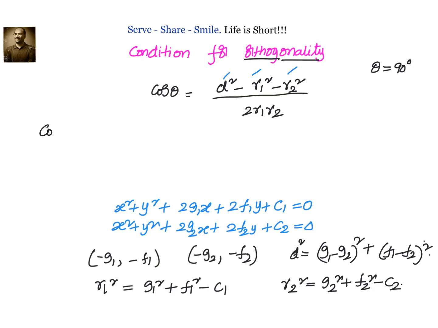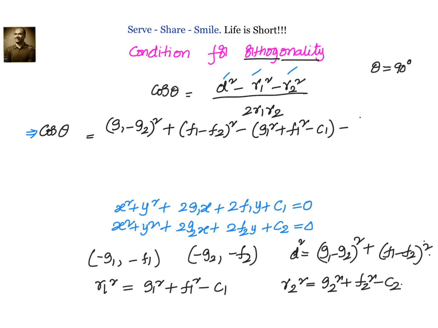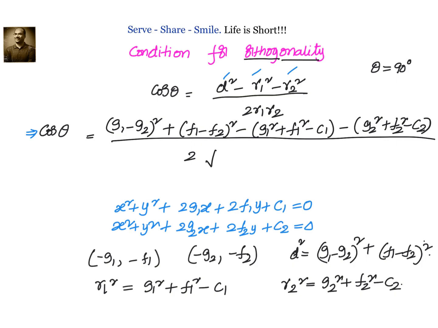Let us substitute. We will have cos theta equals to d square, that we know already, g1 minus g2 whole square plus f1 minus f2 whole square minus of g1 square plus f1 square minus c1 minus of g2 square plus f2 square minus c2 divided by 2 into square root of r1 is g1 square plus f1 square minus c1 under root.